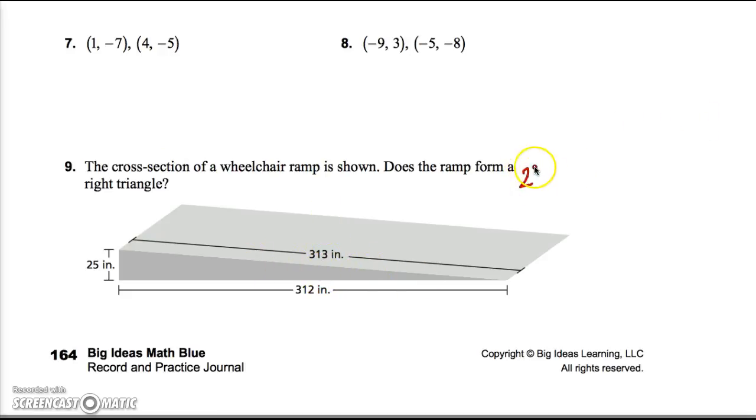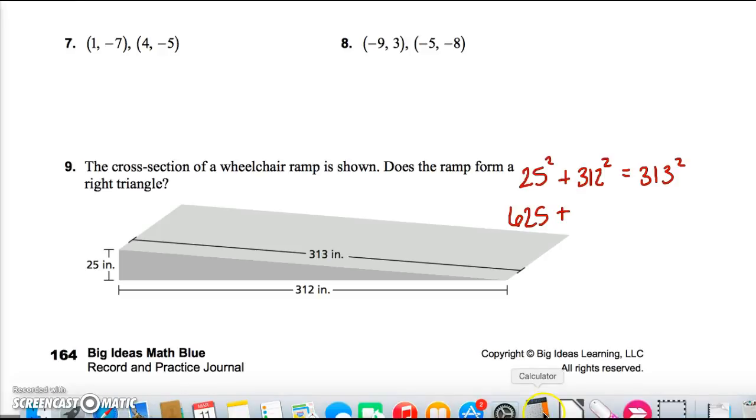So I'm just going to plug my numbers into the formula. 25 squared plus 312 squared equals 313 squared. And then I'm just going to solve. 25 squared is 625. 312 squared.